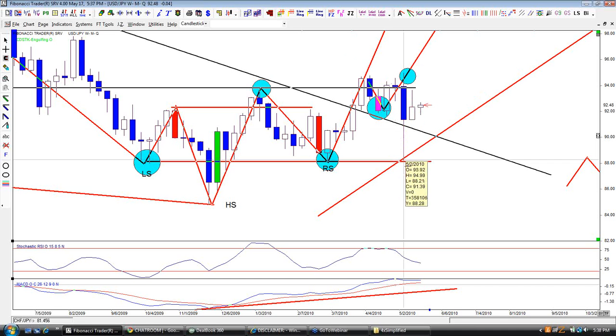Then a couple of Thursdays back, we had this crash, blamed on a computer mistake. Price moved a few hundred pips, then came back. Now it's trading in this range between the trend line and the resistance.